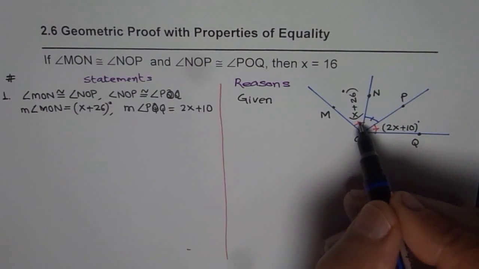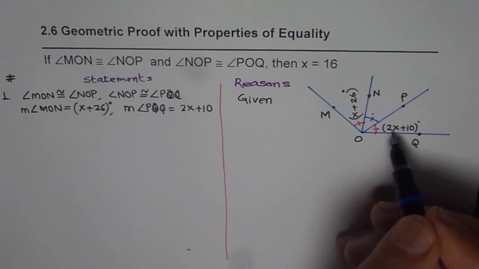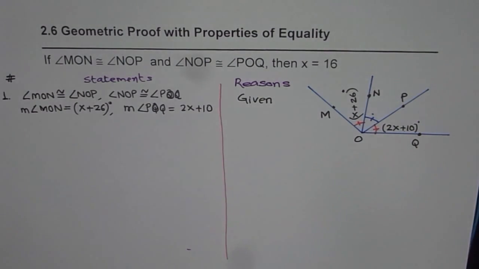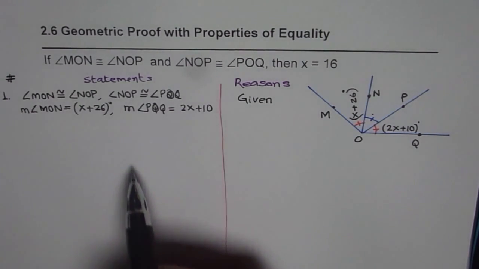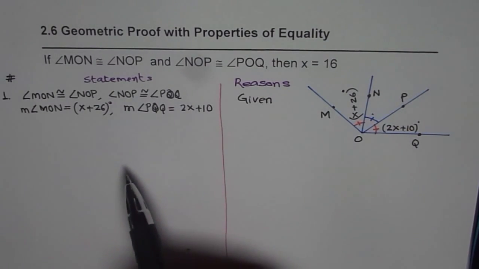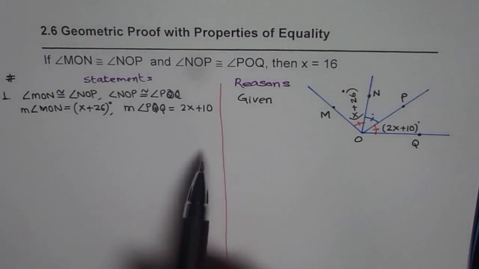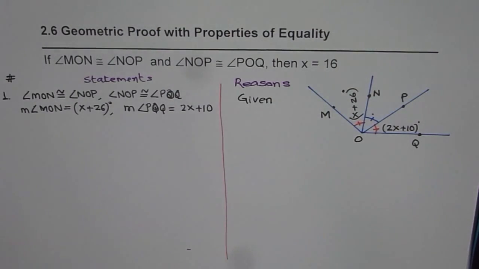Now, since we are moving from one set of angles to the other set, it is a transition, right? So I hope that gives you the name also, correct? And that is the transitive property, correct? So that is how we have to link our statements with reasons, and all along we are going to write statements one after the other, provide reasons, and then show that x equals 16. That is going to be our strategy.